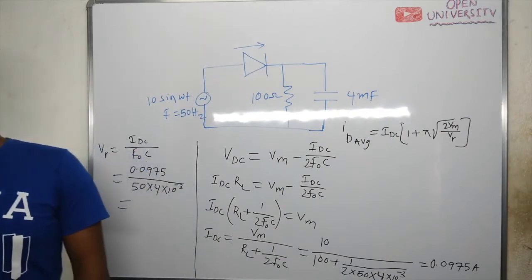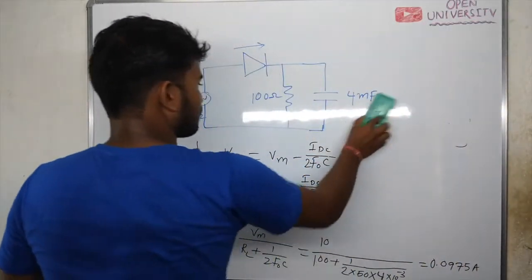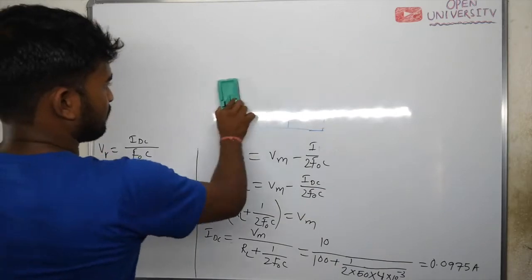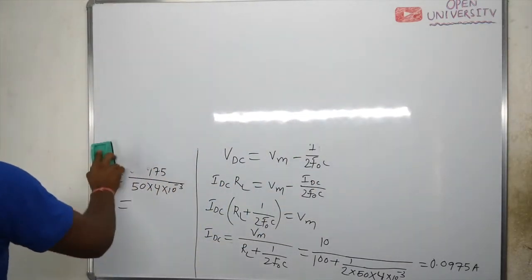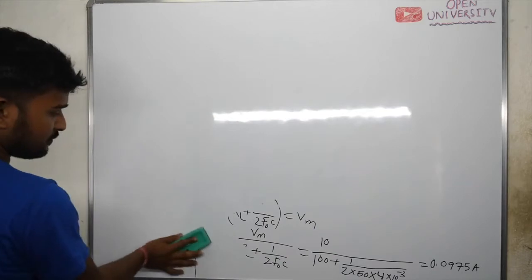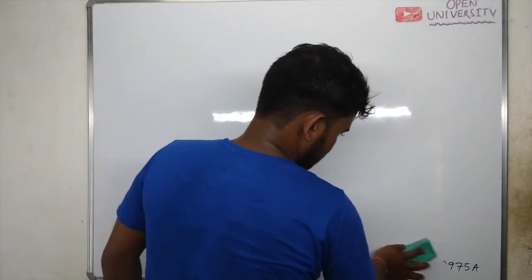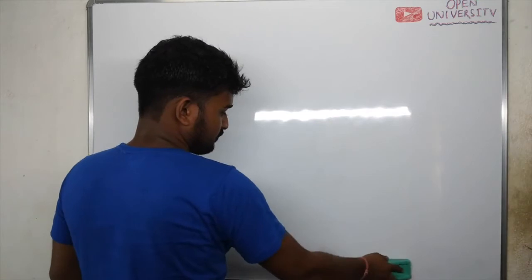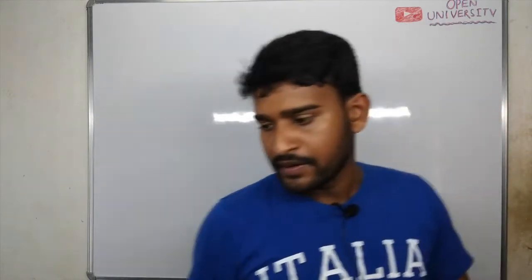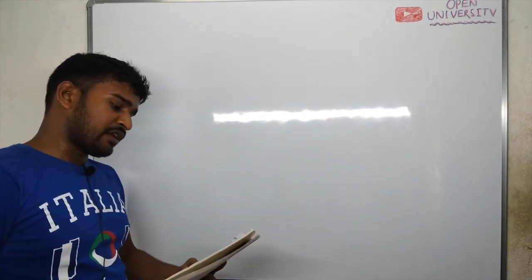Then move to question number 28. In question number 28, the circuit shown in the figure given below is a model for a battery charger.